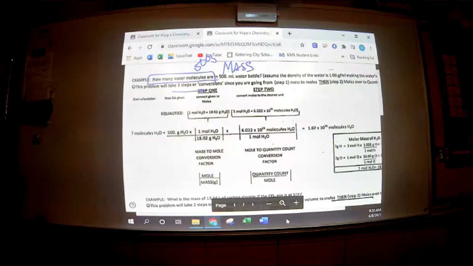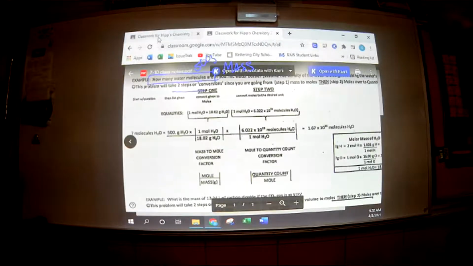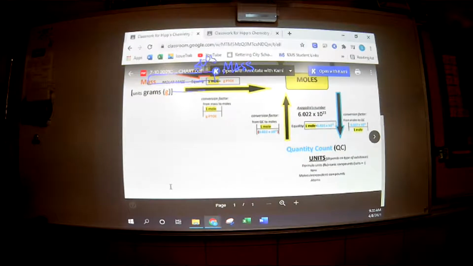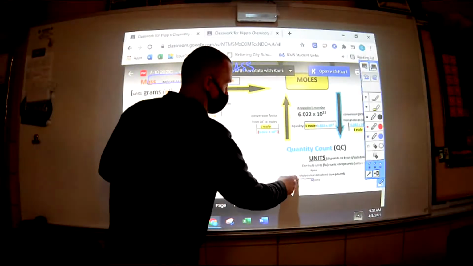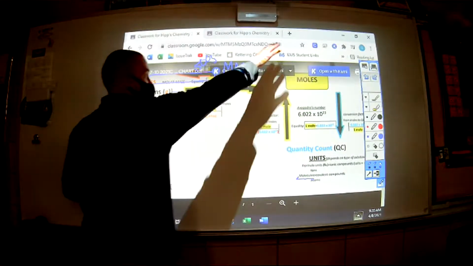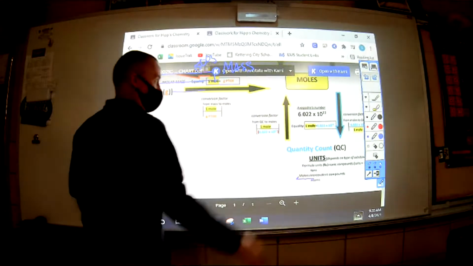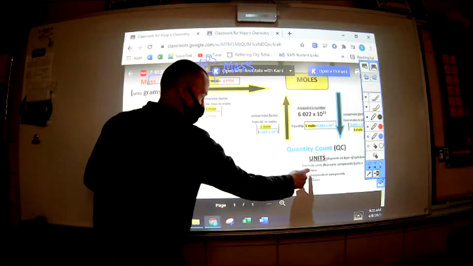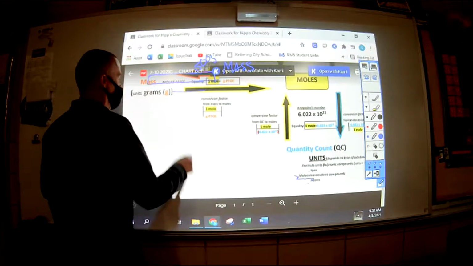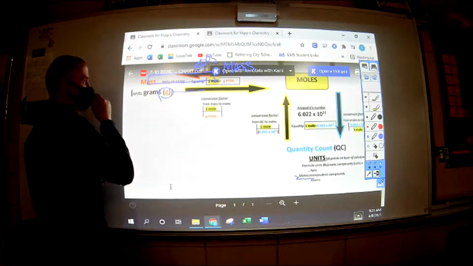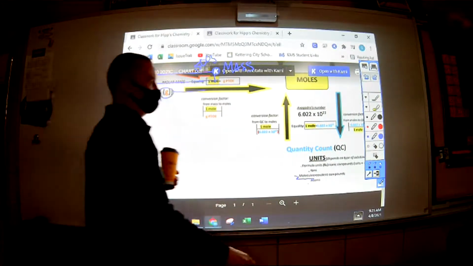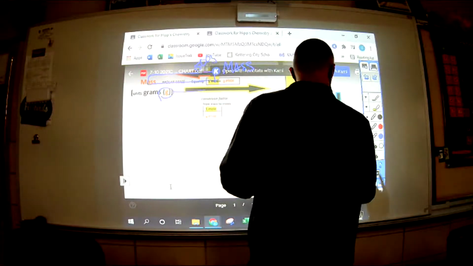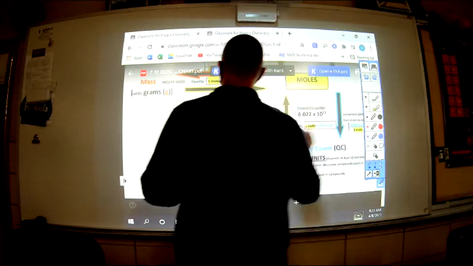If we look at our chart, here's the unit molecules. They've asked for a quantity count. If you see liters, it's a volume. If you see moles, it's a mole. If you see formula units, ions, molecules, or atoms, it's a quantity count. If you see grams in there, it's a mass. They gave us a mass in this problem, 500 grams.